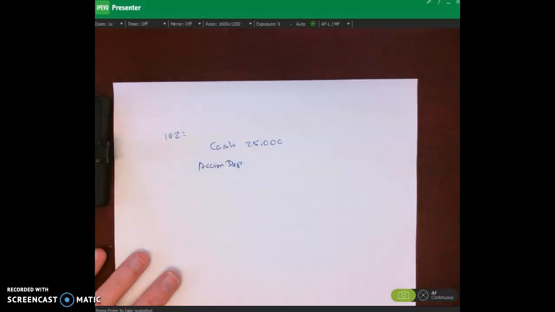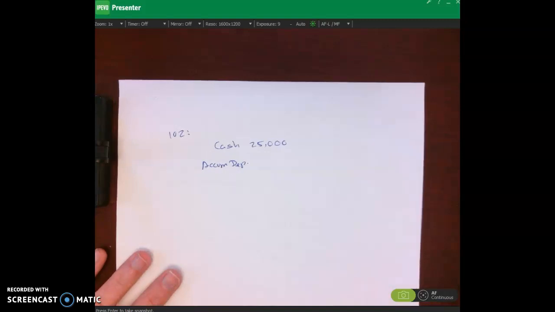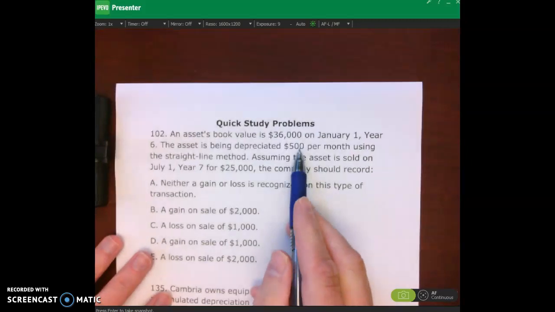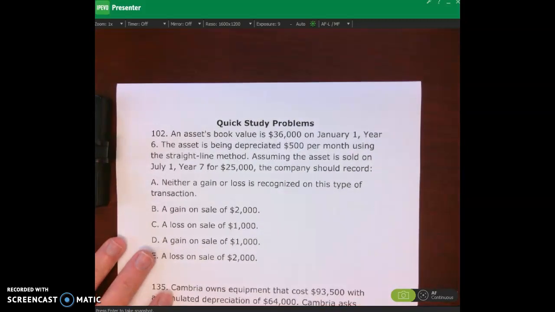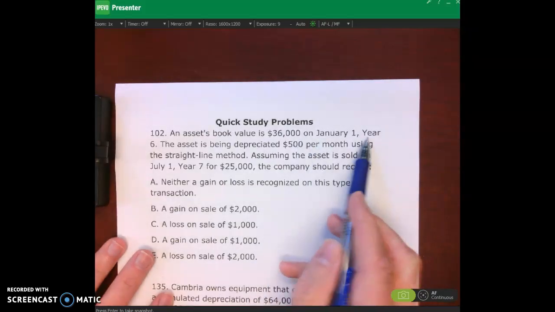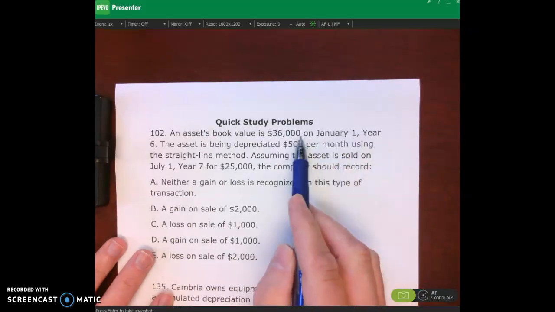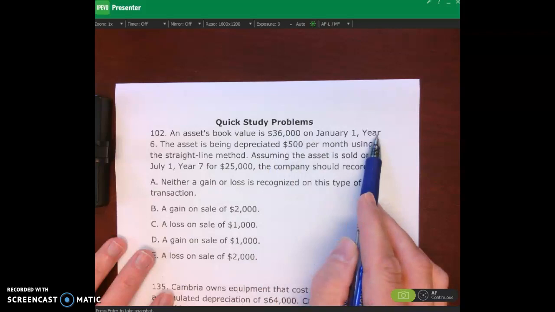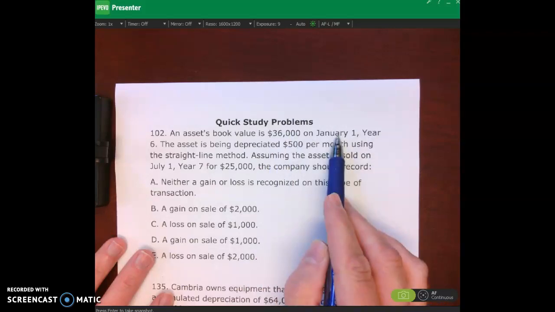Okay? So it says that it is depreciated at $500 per month. How many months have gone by? Well, as of January 1st, year 6, that would have been 60 months, right? Because it's 12 months a year, and that's 5 years completely done. So that's 60.